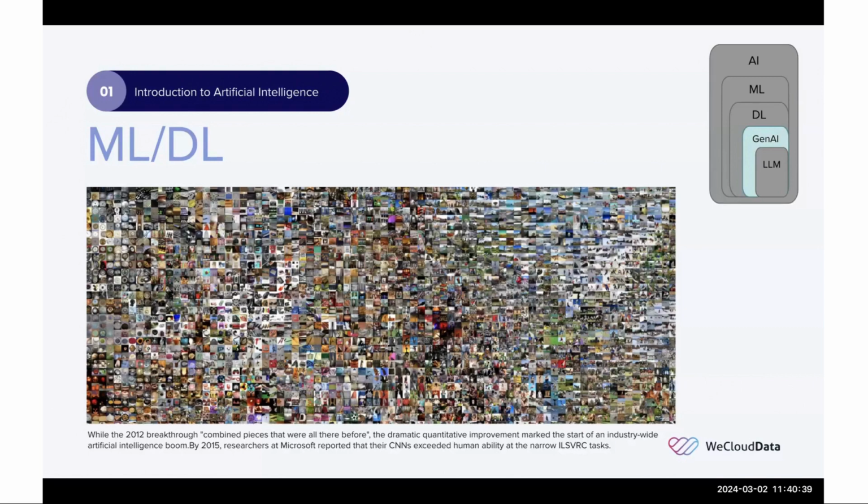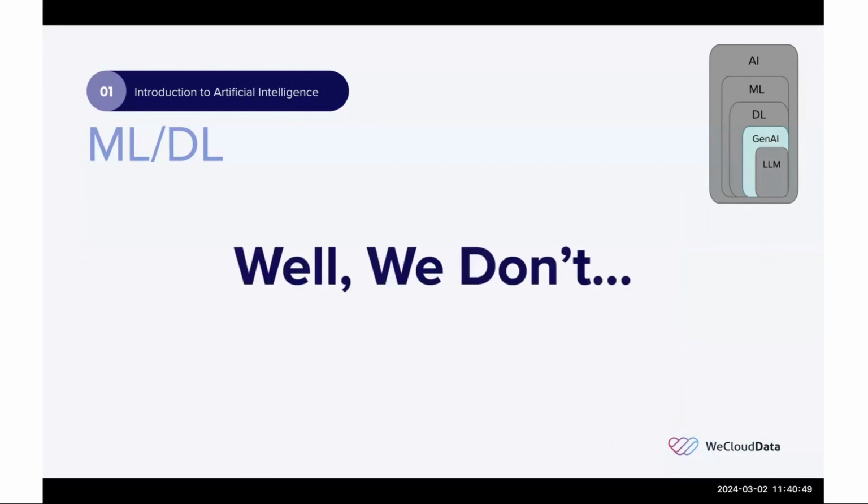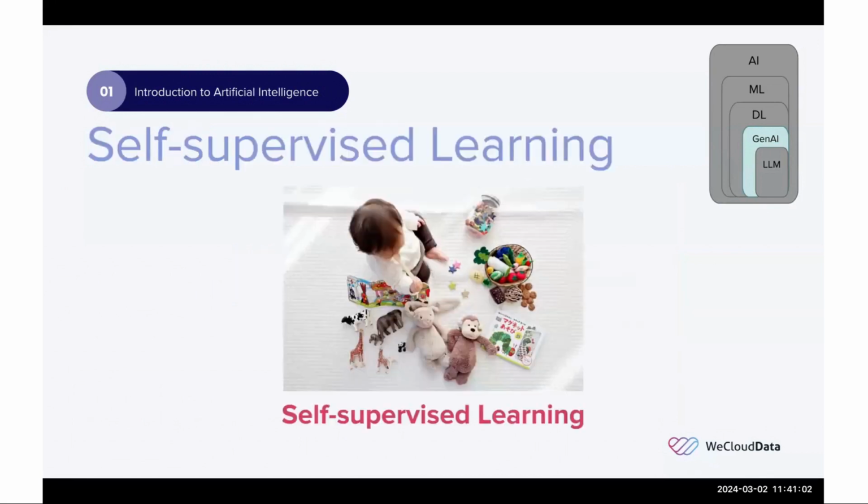The real world is way more complex, right? So how do we solve that problem? We cannot label all the data we have on the internet, right? So a better way is, why don't we stop thinking about labeling all the data, right? Maybe we can just do self-supervised learning, which requires basically no data annotation, okay?